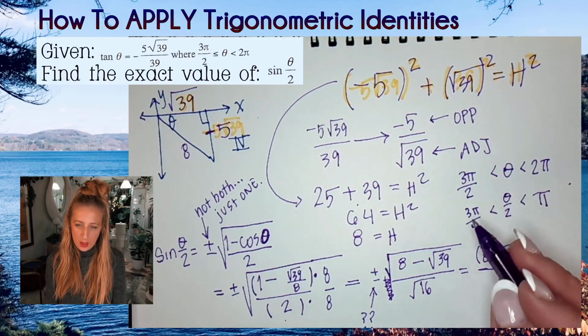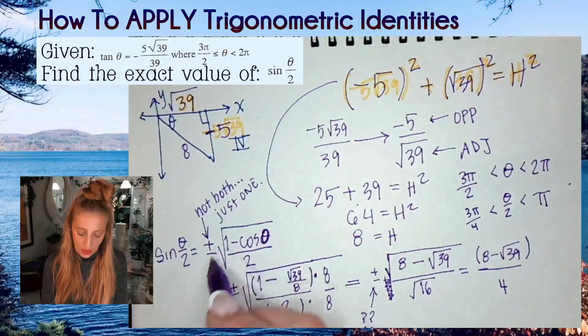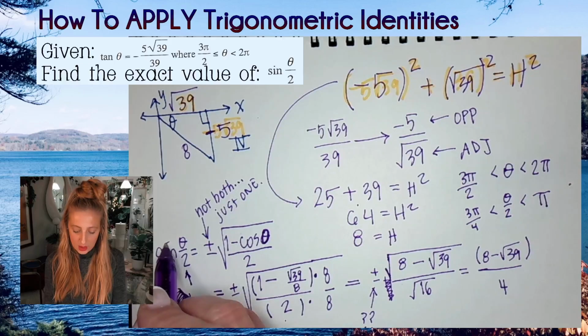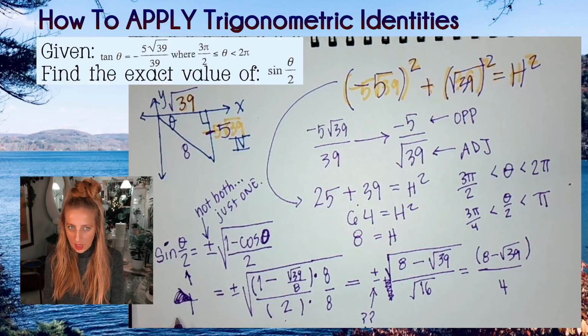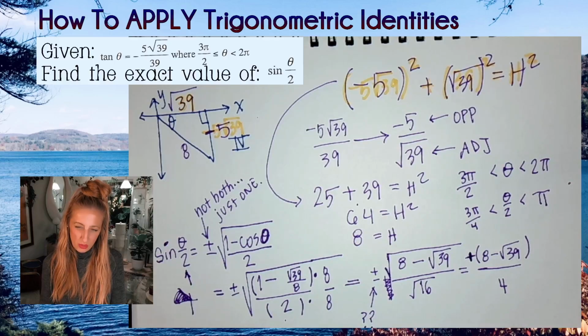So where is theta over 2? This angle will terminate between, what did we just say? 3 pi over 4, which is here, and pi, which is here. So this sine is going to terminate in the second half of quadrant 2, which means my answer should be positive.